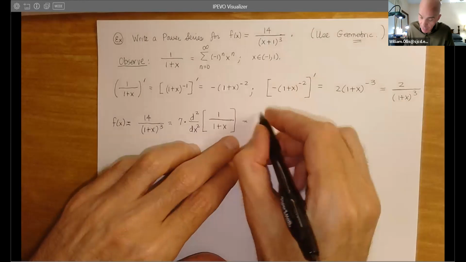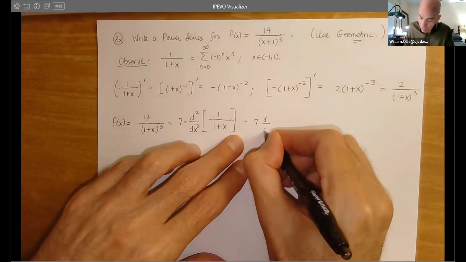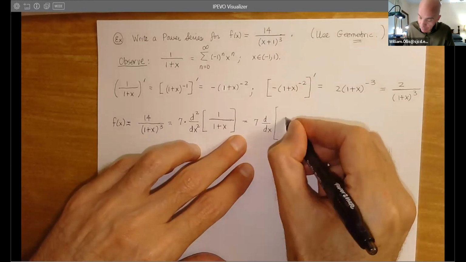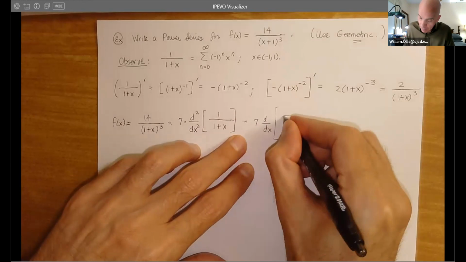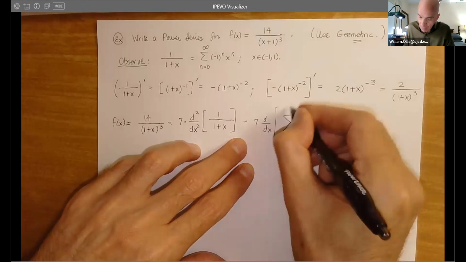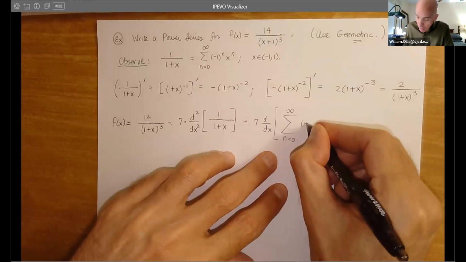So this is going to be 7 d dx. So we'll just move one of the derivatives inside. So we got this one, -1 to the n.